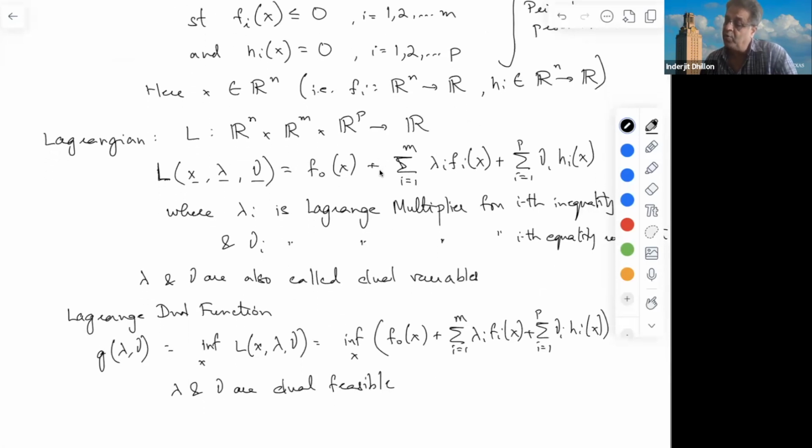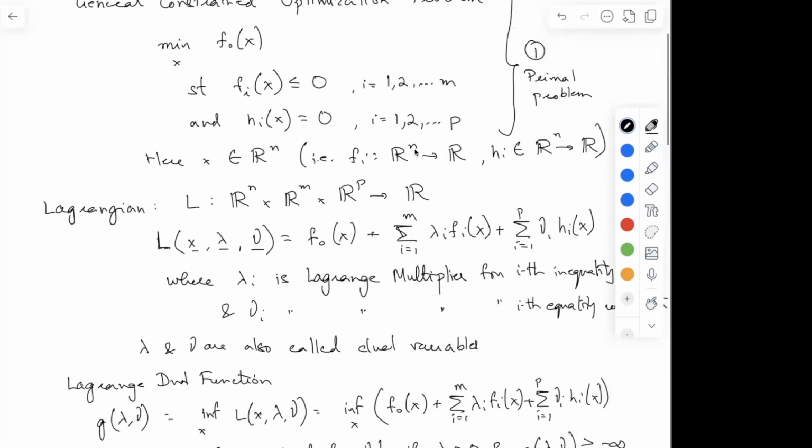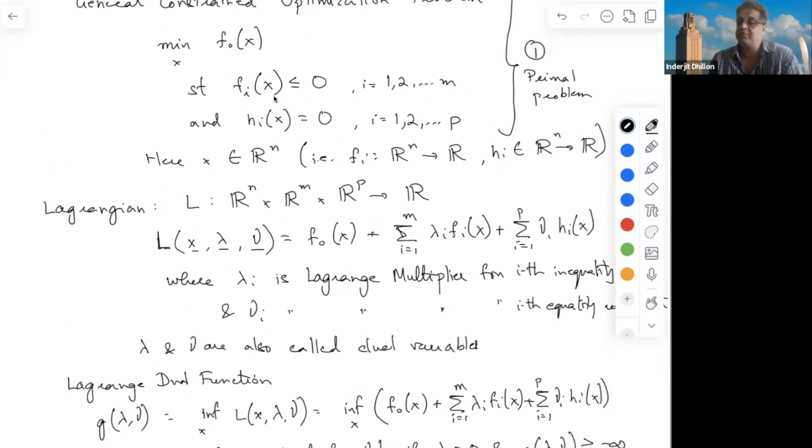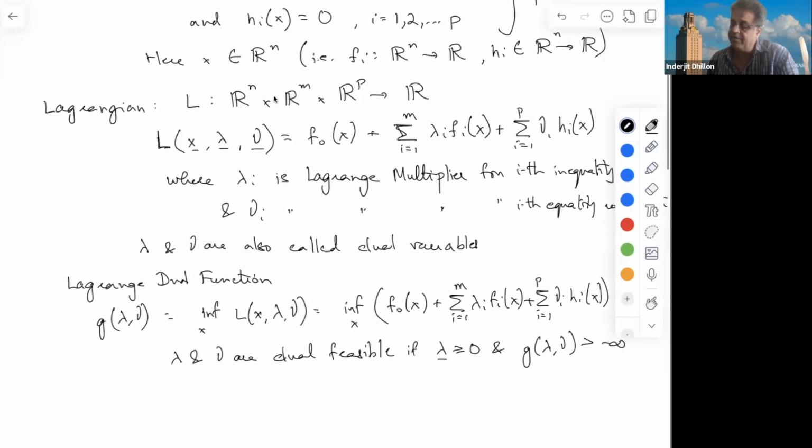Dual feasibility is if lambda is greater than or equal to 0, and this infimum has a finite solution, so it doesn't go to minus infinity. There are m inequality constraints corresponding to f_i.